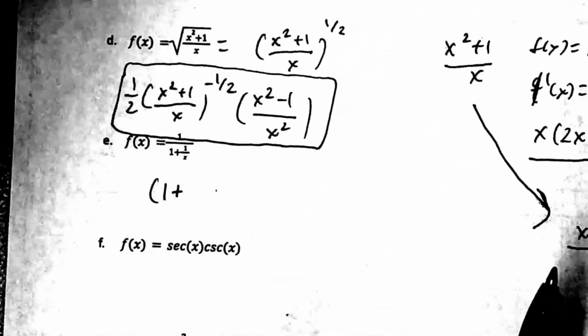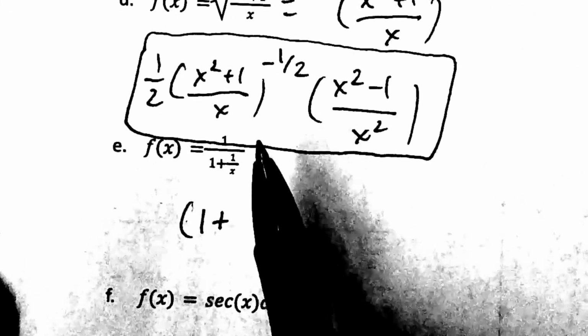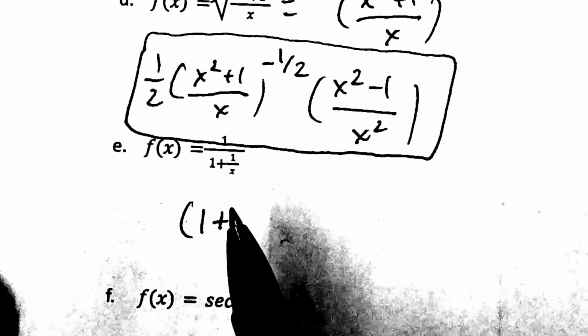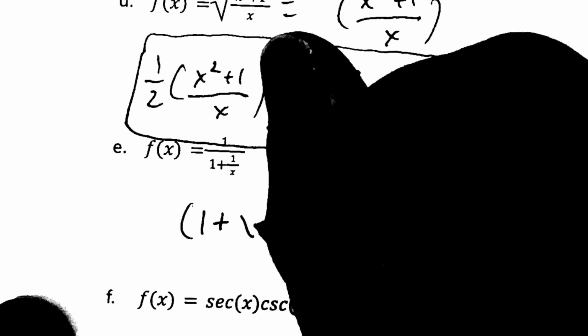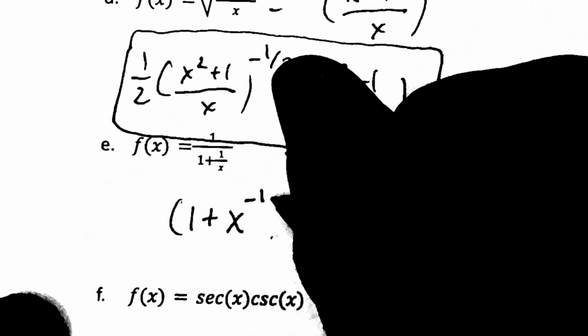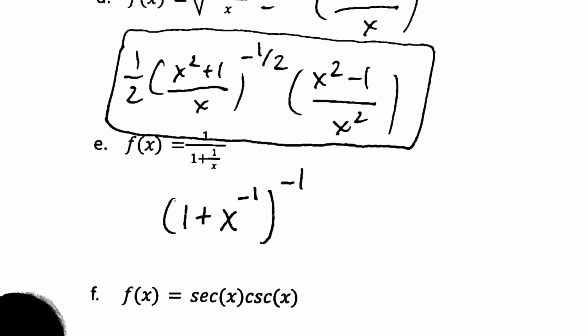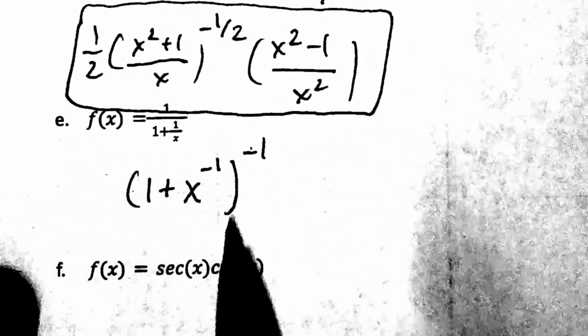So back to this, what I'm doing is I'm rewriting that in form. So that 1 over x is going to be x to the power of negative 1. And all of that is to the power of negative 1. Okay. And then I'm going to do chain rule on this.